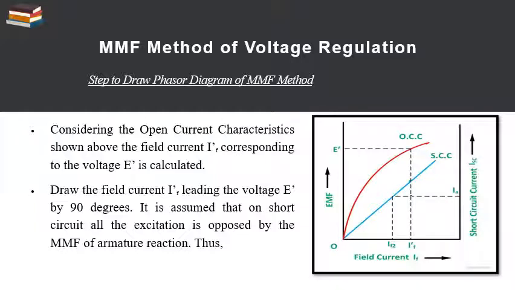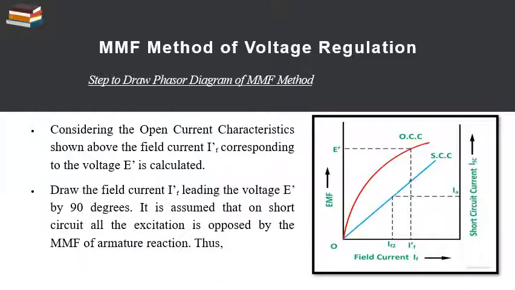Considering the open circuit characteristics above, the field current IF corresponding to the voltage E is calculated. तो E के करस्पॉन्डिंग हम ओपन सर्किट वोल्टेज पे लाइन खींचेंगे, और उससे IF या फील्ड करंट फाइंड आउट कर लेंगे.